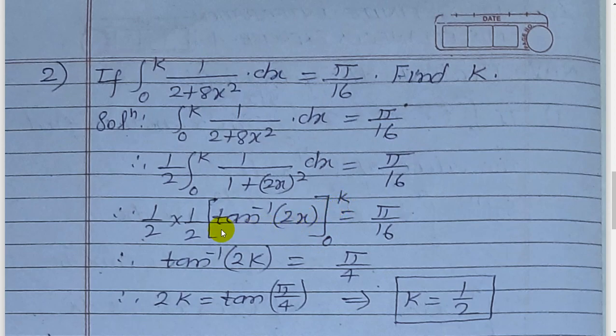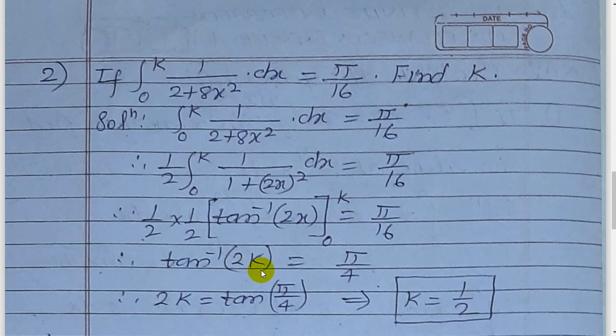Now taking the limits. Here 1 upon 2 into 1 upon 2, that is 1 by 4, and it equals pi upon 16. So dividing, 4 4s are 16, so we get on the right hand side pi upon 4 only, because 2 2s are 4 and taking it to the right hand side, we get 4 pi upon 16, that is pi upon 4. And this term tan inverse 2x with limits 0 to k will be tan inverse 2k minus tan inverse 0, but tan inverse 0 is 0, so no need to write it.